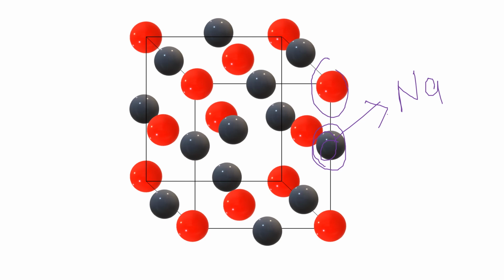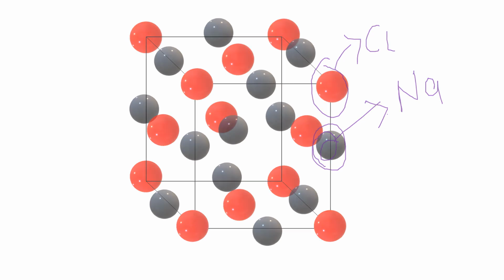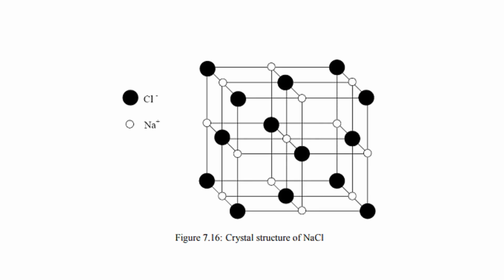And these red ions are basically ions of Cl. This is how Na and Cl make a unit cell. Let's clear this figure.